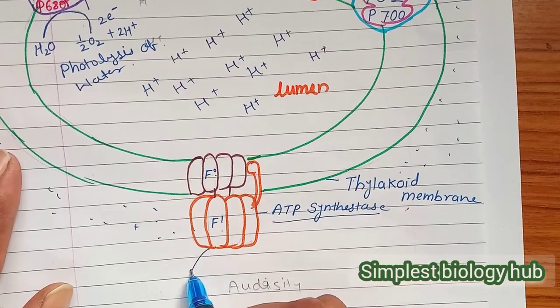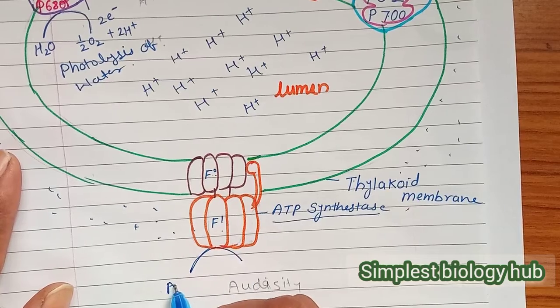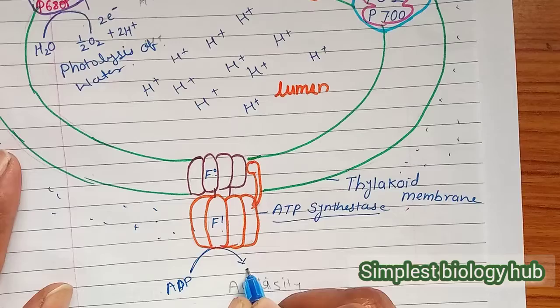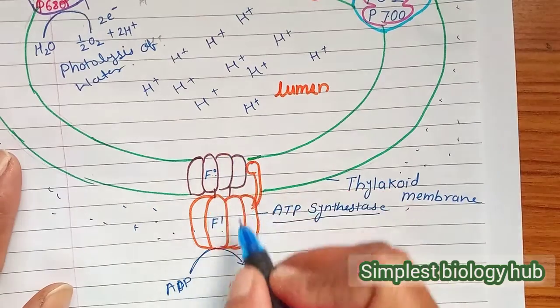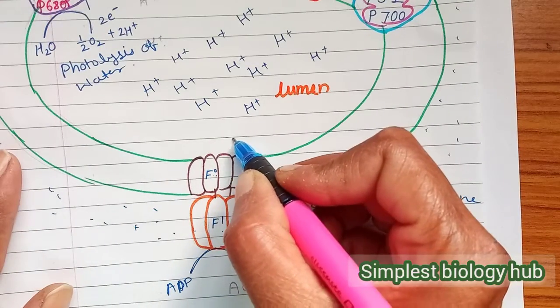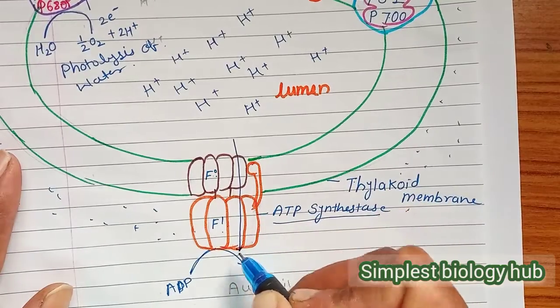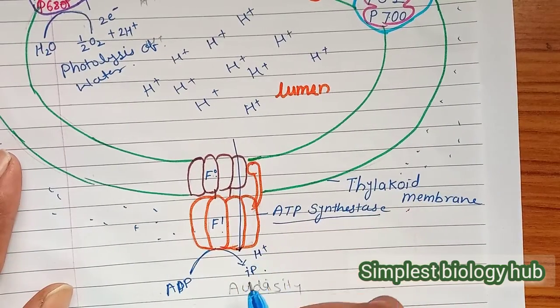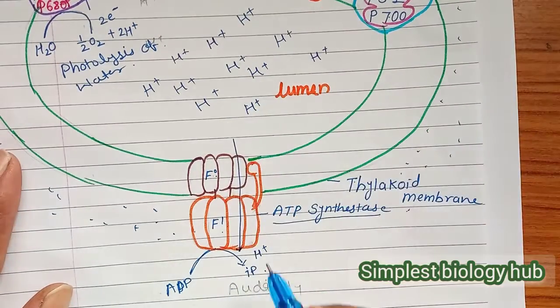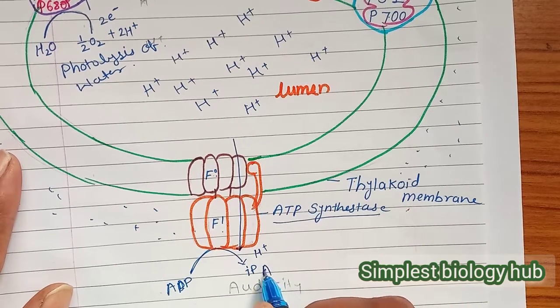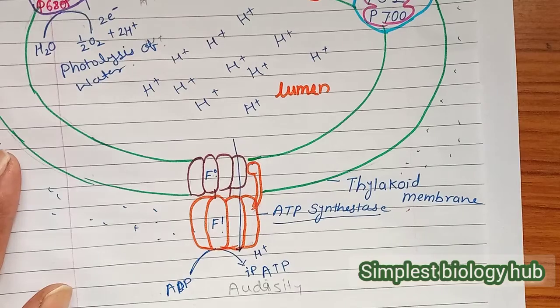So when ADP comes in contact with the F1 part, it joins one inorganic phosphate, and for this joining of the inorganic phosphate, the hydrogen ions, or proton gradient, come from the inside of the lumen and combine with it, and it forms one molecule of ATP.